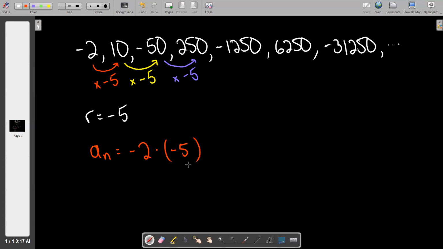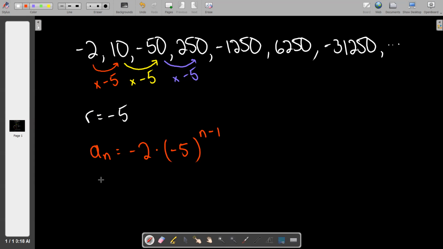So take note of that when we do our explicit formula, this negative needs to be enclosed because it's going to have an exponent. And its exponent is n-1. So whenever anything has an exponent, if it's a negative, the negative number has to go in parentheses. So great job on the explicit. And we didn't waste our time by saying A sub 1 and R. We actually just filled it in as we went, which was pretty dope.